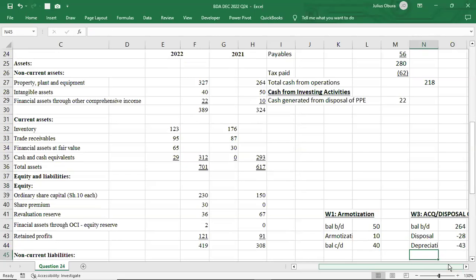And then, did we have any revaluation on these assets? For the revaluation, we look at whether it was a loss or a gain. Let's check from our balance sheet.